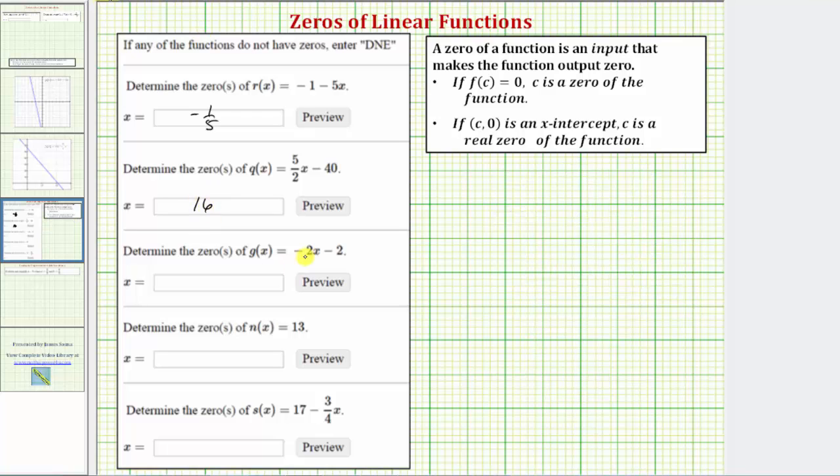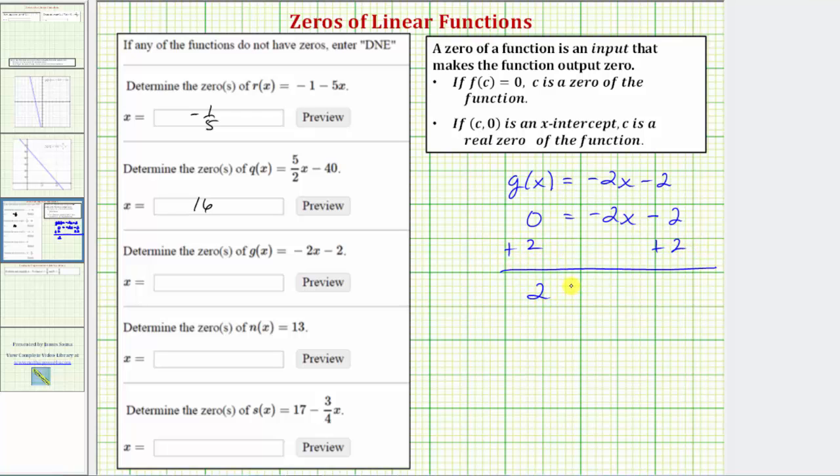Next function is g of x equals -2x minus 2. To find the zero or zeros, we set g of x equal to 0 and solve for x. To isolate the variable term, we'll add 2 to both sides.